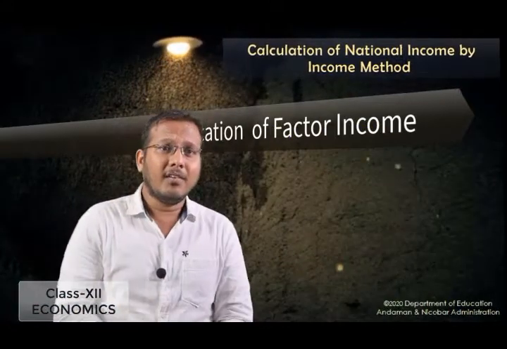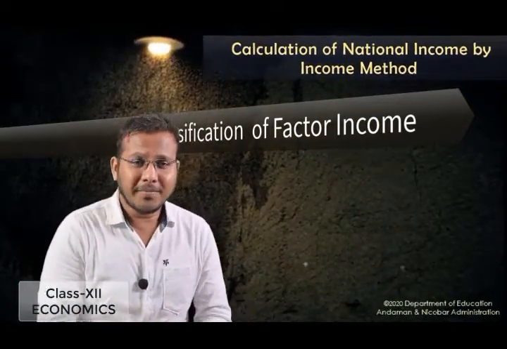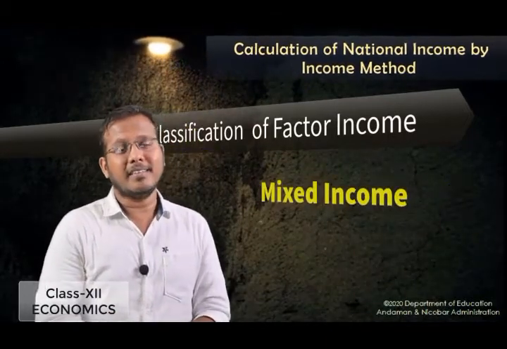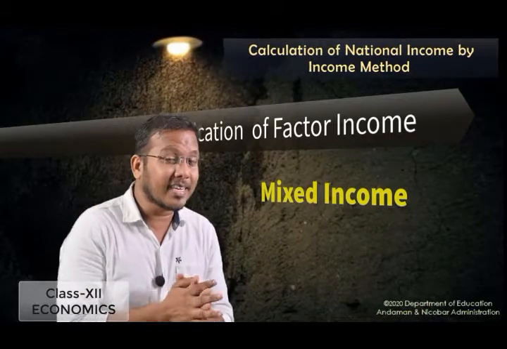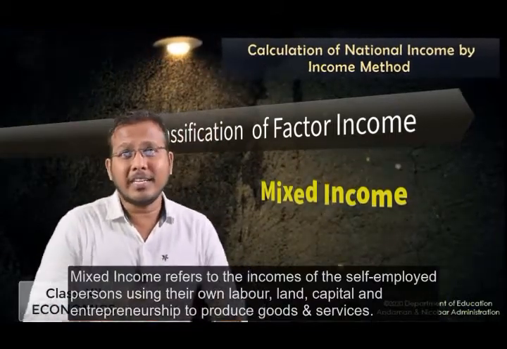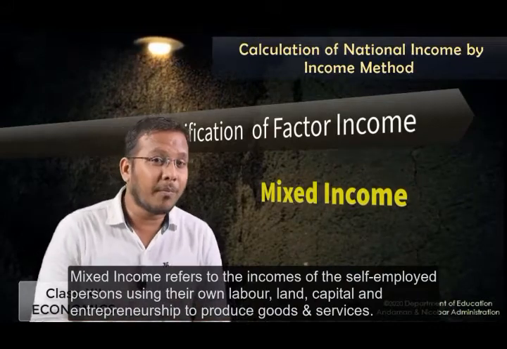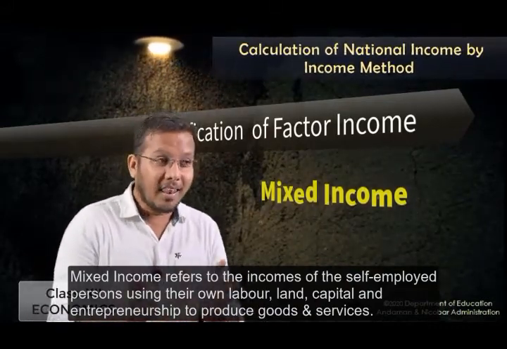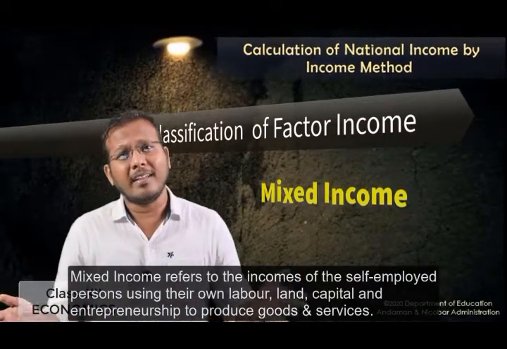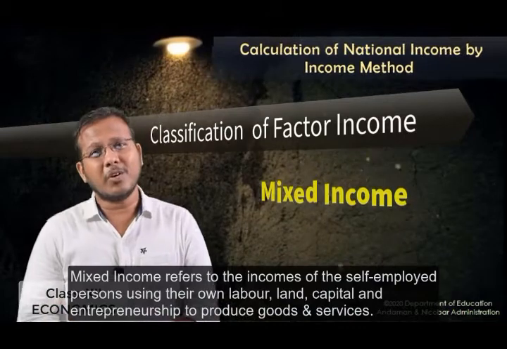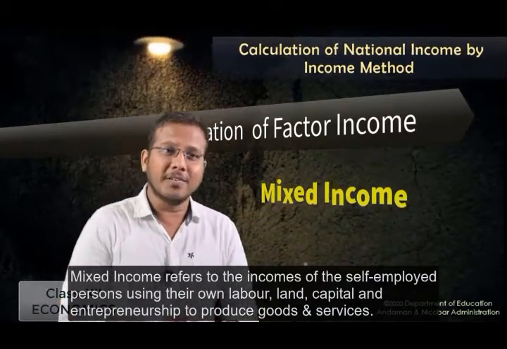At last we have one more component in the calculation of national income through the income method, that is the value of mixed income. So what do you mean by mixed income? Mixed income refers to the income of the self-employed person using their own labor, land, capital and entrepreneurship to produce goods and services in the economy during an accounting year.